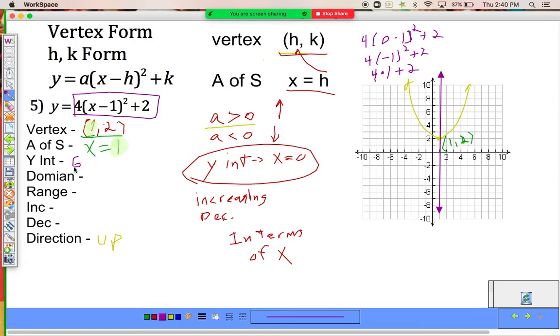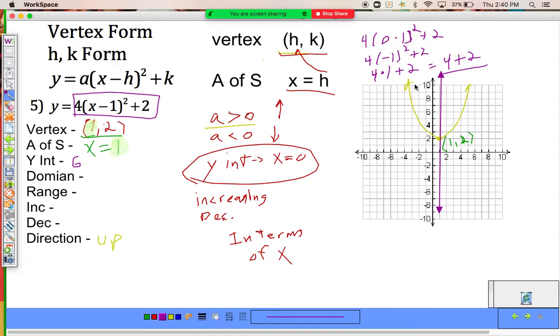Negative 1 squared is a positive 1. 4 times 1 is 4 plus 2. You don't square the 4 because it's outside. You square the negative 1, then multiply by 4. Okay, and hopefully as we do this, it's just still getting into the swing. All right, so we're good there.